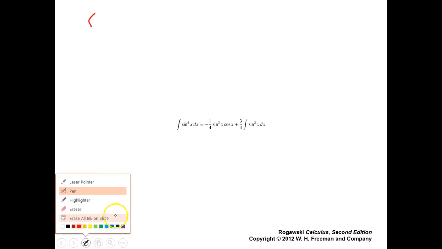But all right, so let's look at example 2. Here's the integral in question. Let me get my pen changed back to a darker color. The integral of sine 4th x cosine 5th x dx.